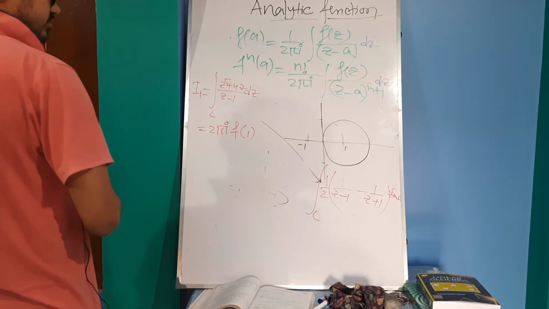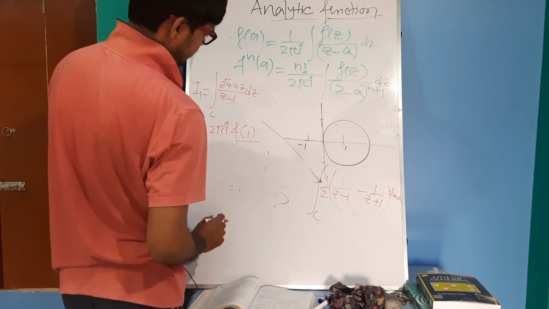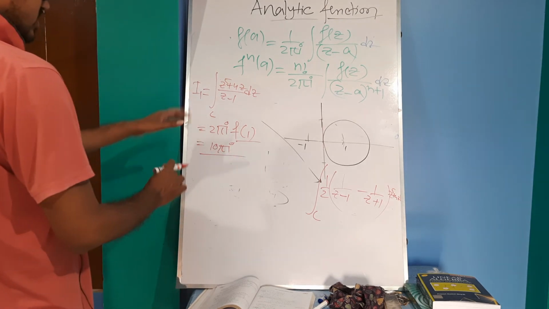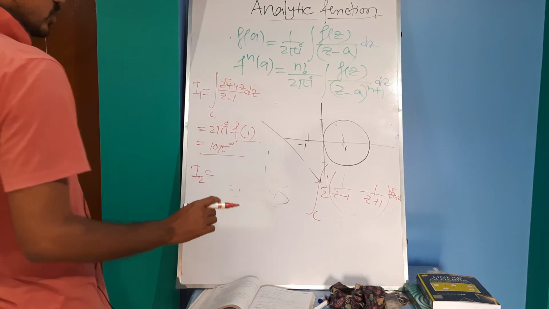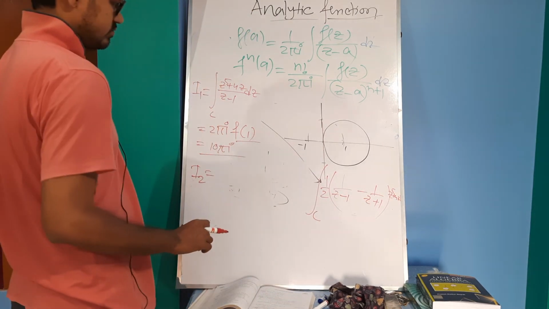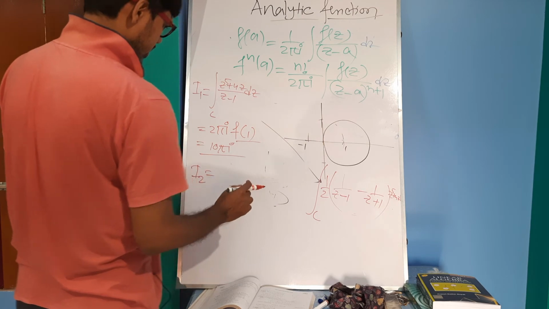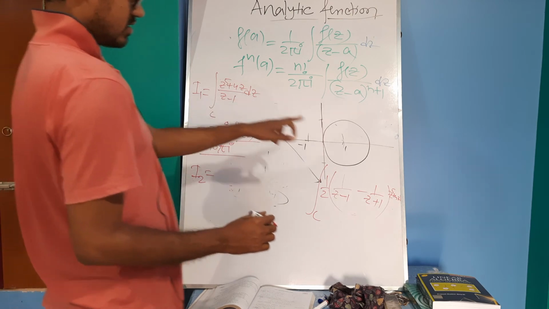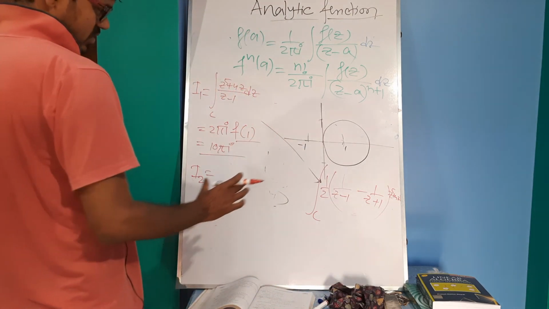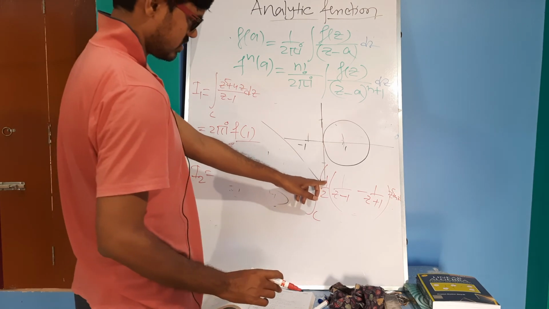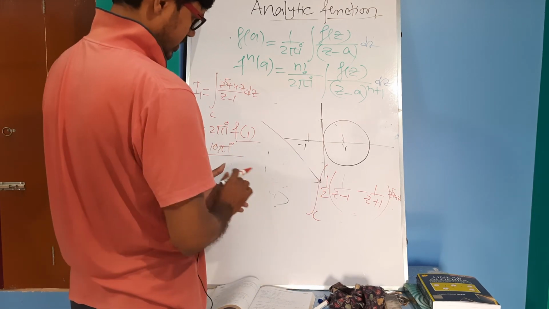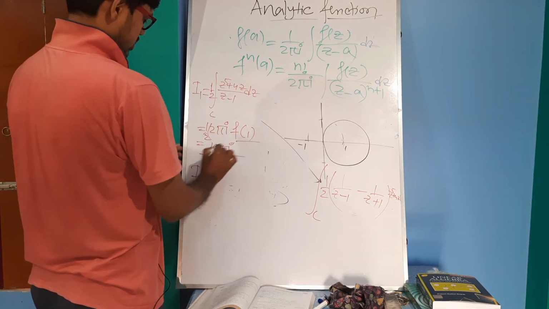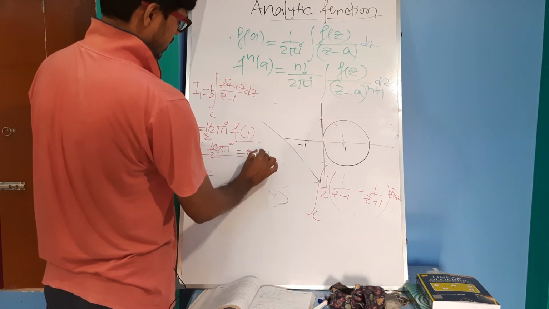Is it okay? f of 1 means 1 plus 4, that is 5, so 10 pi i. This is the result of the first part. In I2 we have 1 by 2 multiplied with this, so the result will be 5 pi i.